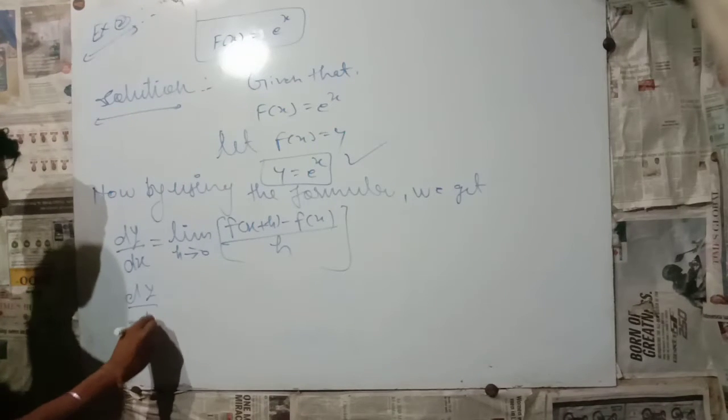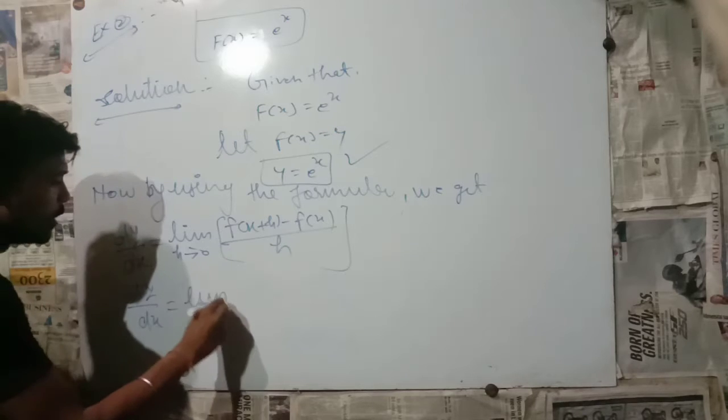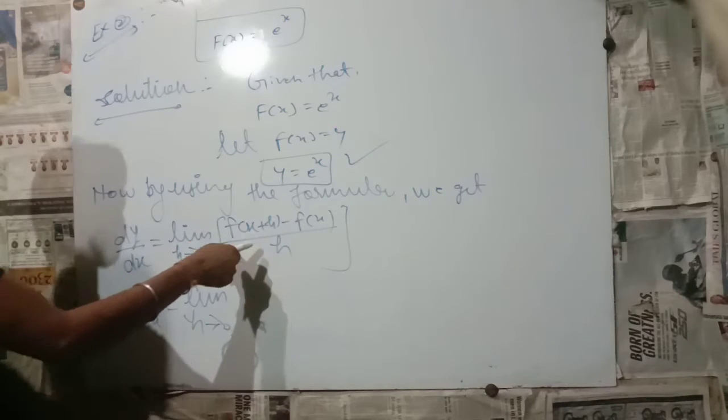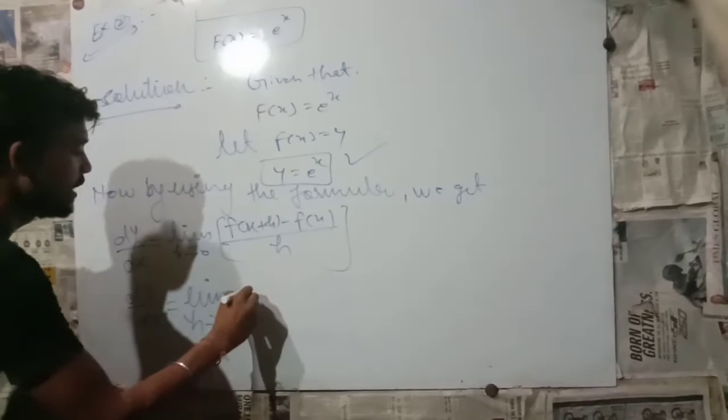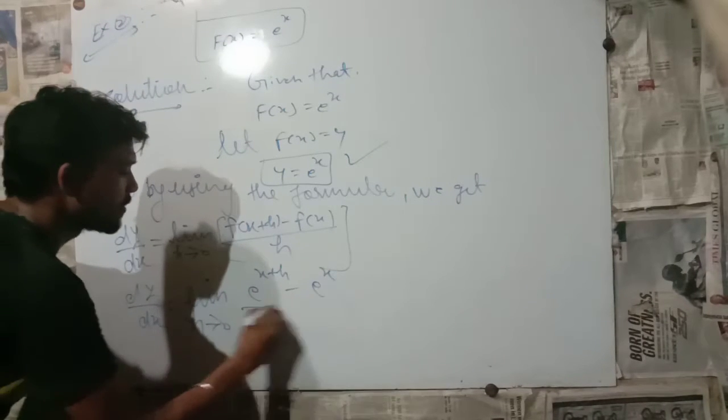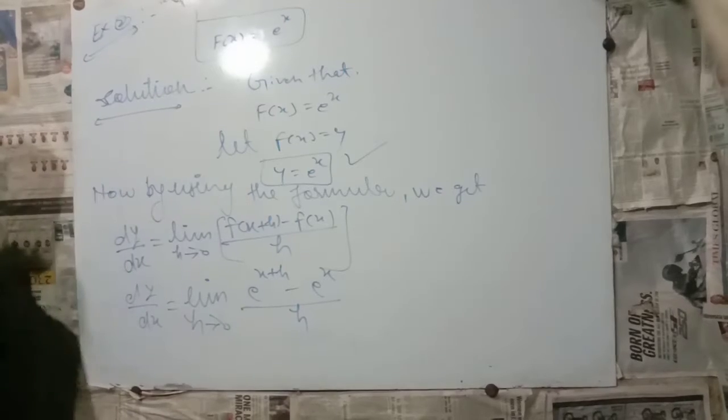So dy upon dx is equal to limit h tends to 0, and f of x plus h is, given that, e raised to power x plus h minus e raised to power x upon h.